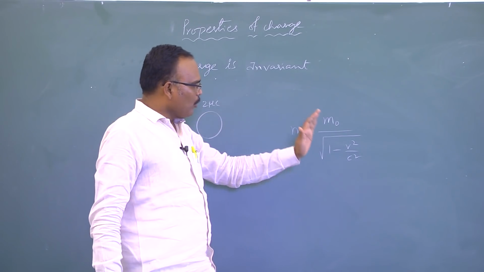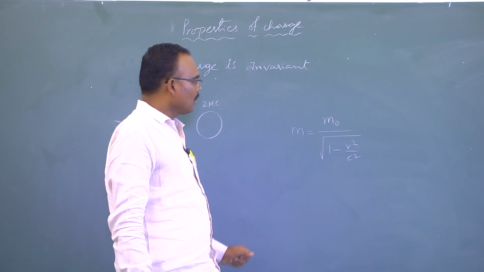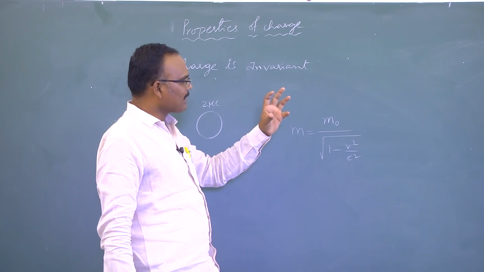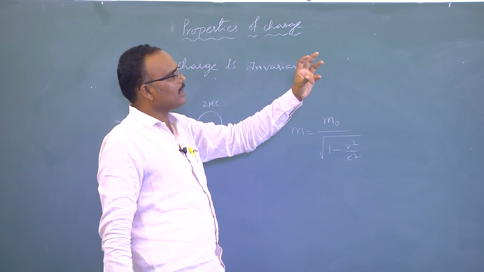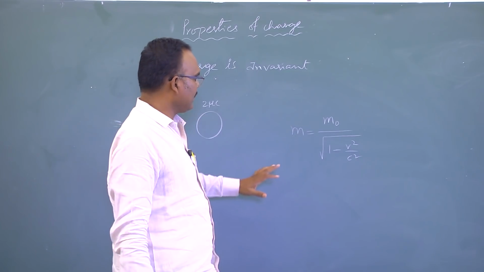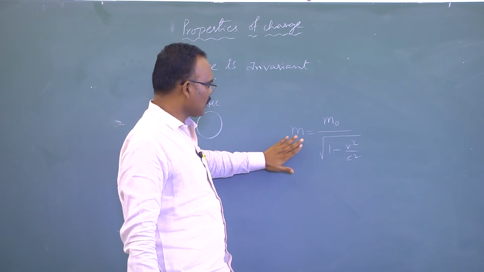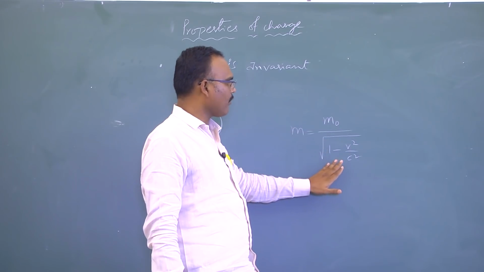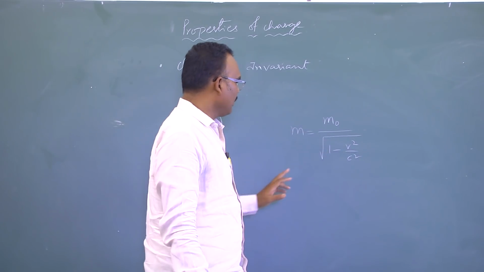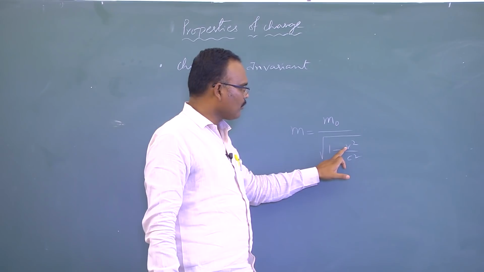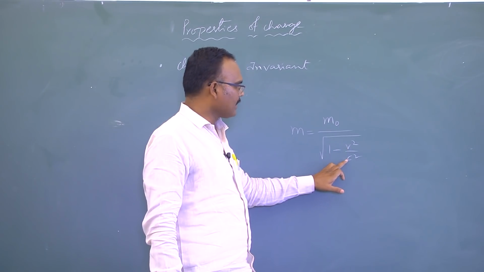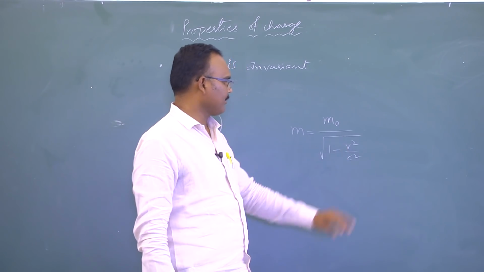If you want to calculate the mass of a body moving with a certain velocity, we use this expression. Here v is the velocity with which the body is moving and c is the velocity of light.